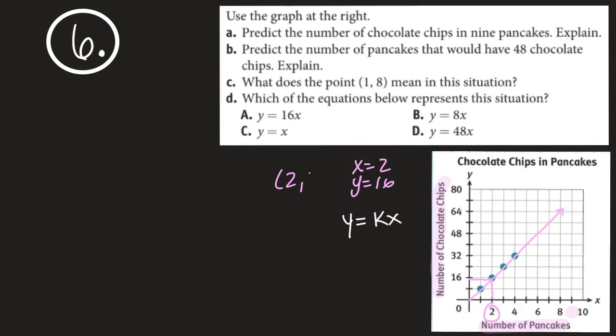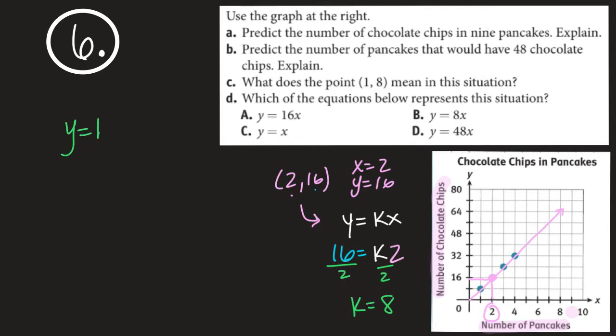So (2, 16) is the value of this point, and we are going to substitute that into our constant of proportionality equation. y is 16, and then we have a k, which we're trying to figure out, and then the x value is 2. So in order to solve, we would divide both sides by 2, and then k would equal 8.